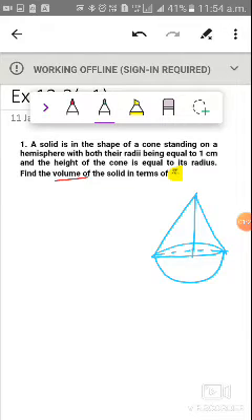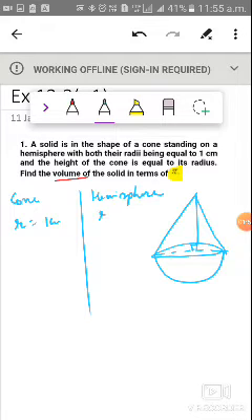So let us say this is the height of the cone. Okay, so radius is given. So here I'll write cone, and here I'll write hemisphere. So the radius of the cone is also 1 centimeter and the radius of the hemisphere is also 1 centimeter.